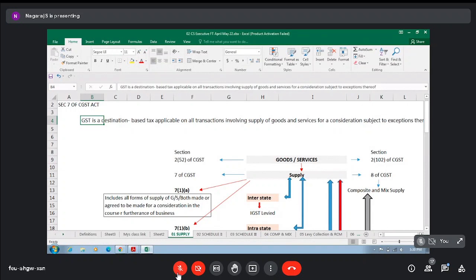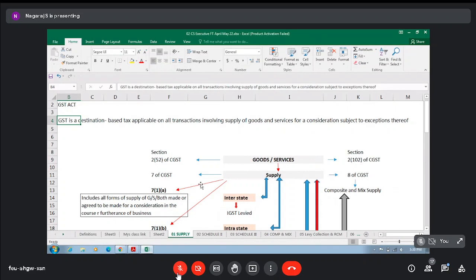Now we need to understand Section 7(1)(a). Section 7(1)(a) defines supply: it includes supply of goods or services or both made or agreed to be made for a consideration in the course or furtherance of business.